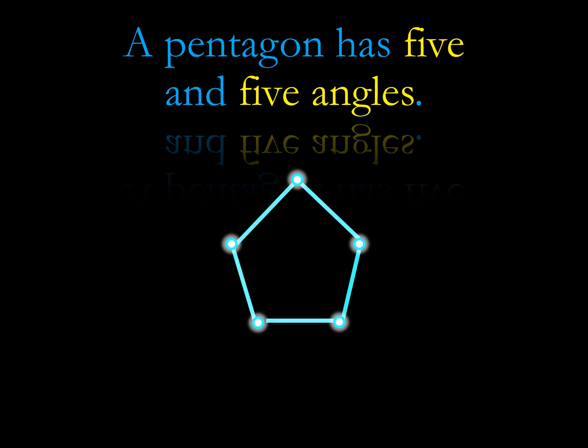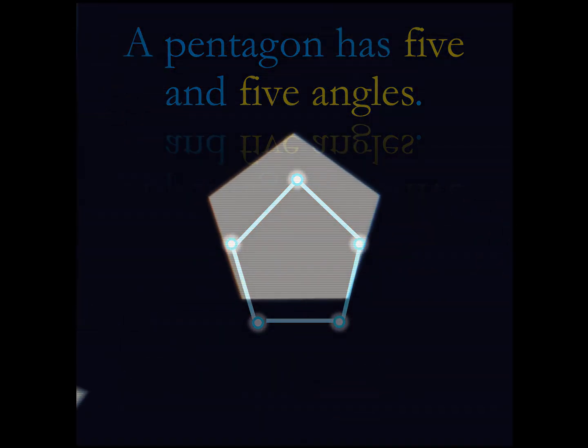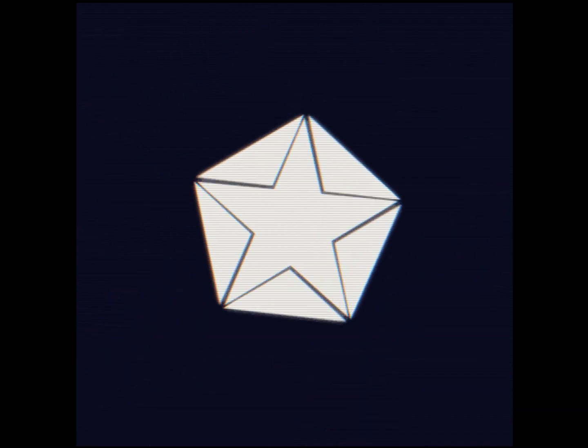We have 5 sides and we have 5 angles. Pentagons are very, very cool things. There are triangles hiding inside of them. There are stars hiding inside of them. You could spend a really long time doing fun stuff with pentagons. But we're not going to stop there.